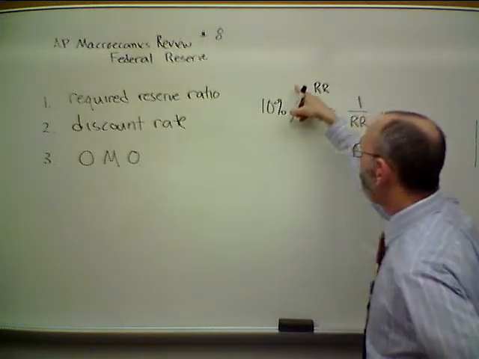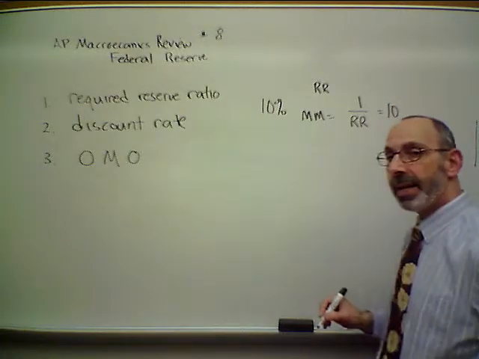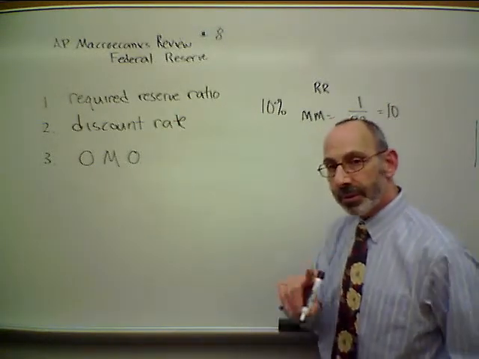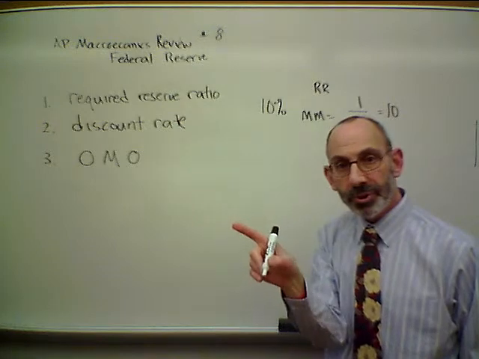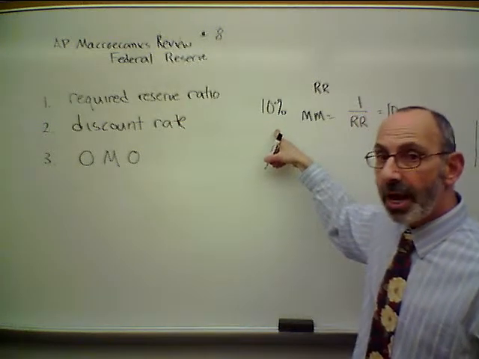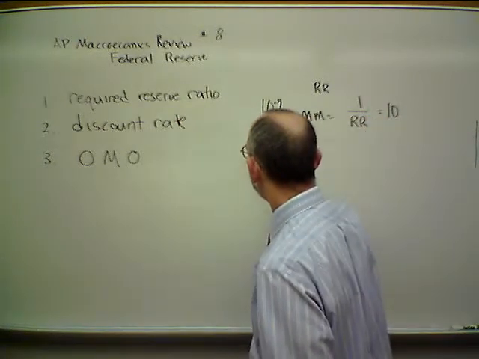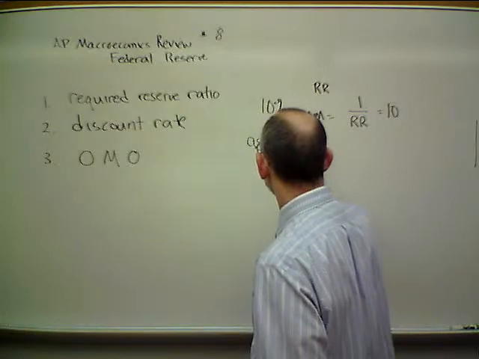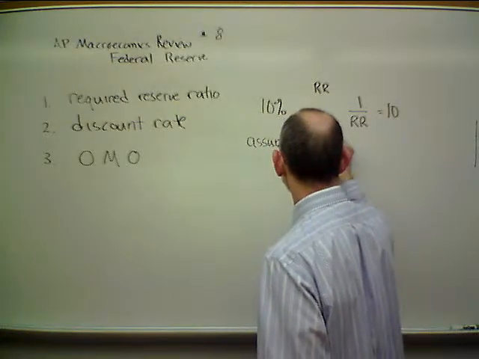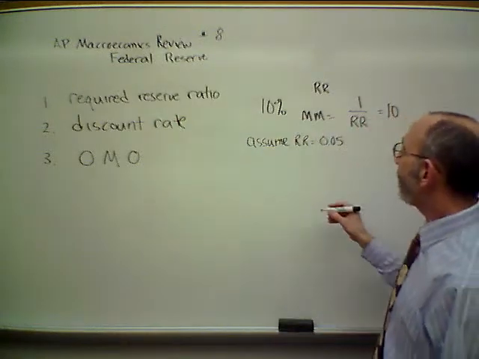So it's 10%, 1 divided by 0.1 equals 10 in that case. We didn't discuss, and we'll discuss right now, what happens if that percentage moves. What happens if banks are required only to hold aside 5% instead of 10%? So assume the required reserve ratio equals 0.05. That's what 5% means in decimal notation.